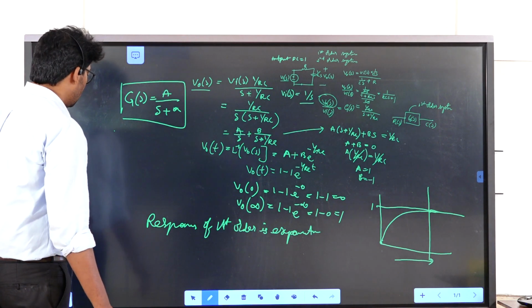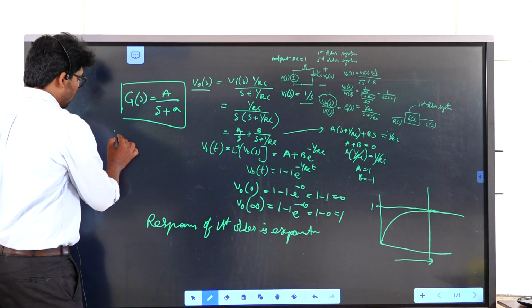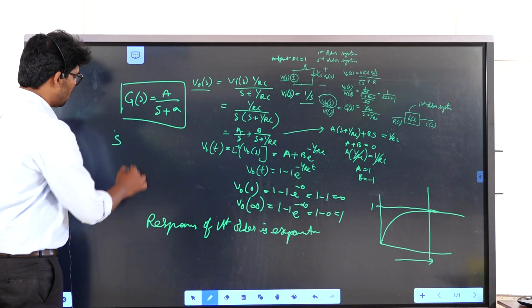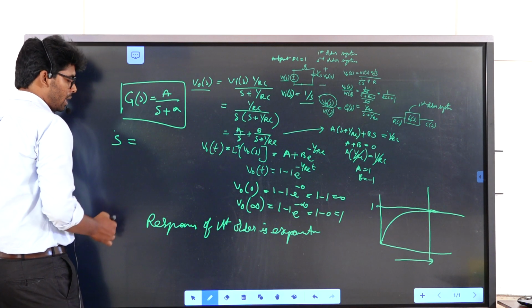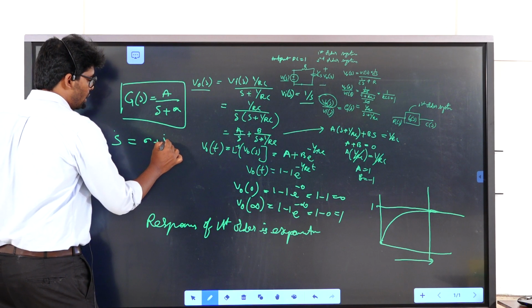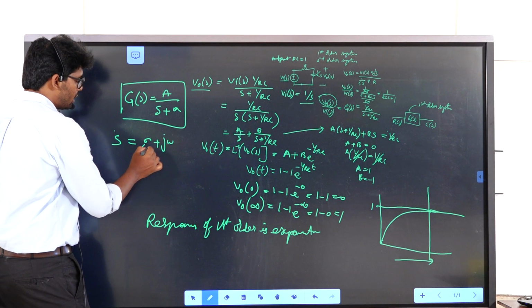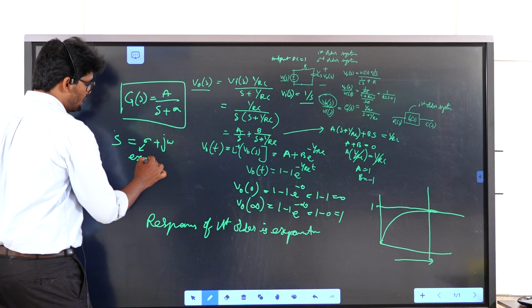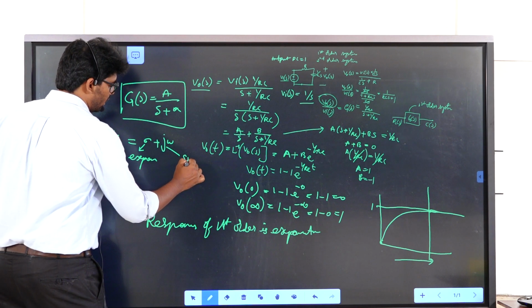In the other way, we can also say that we have Laplace s, which is a complex number in the Laplace domain. We'll have a real part plus j omega. Here the real part is the exponential part, and omega is the sinusoidal part.